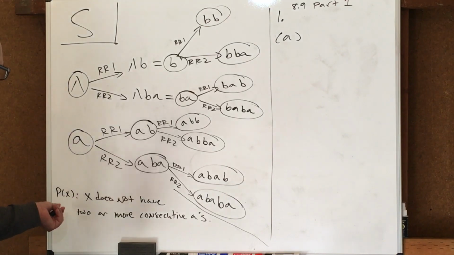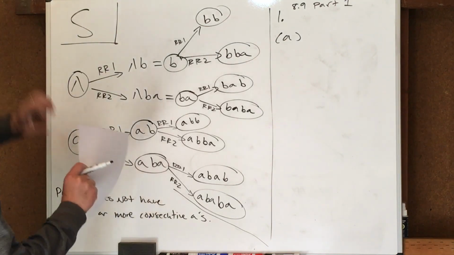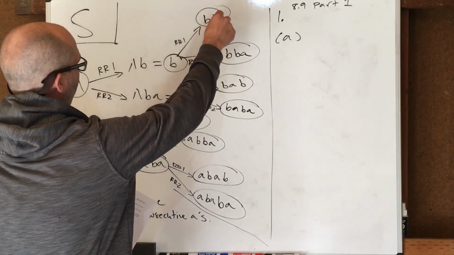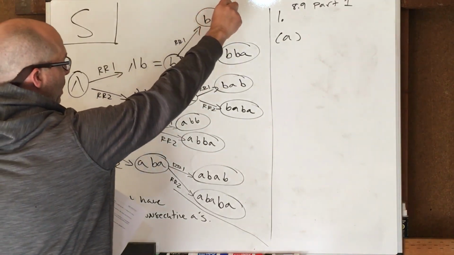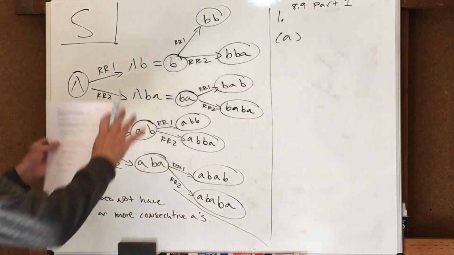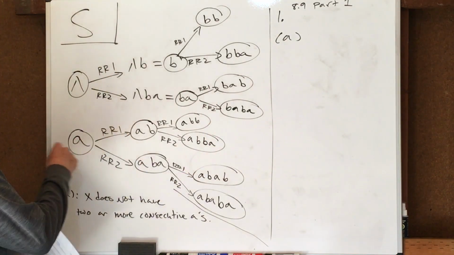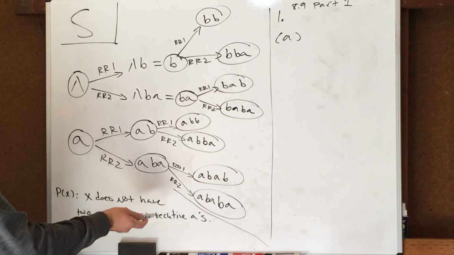Now we're going to try and prove P of x is true for all x in S. And there's many more x's in S, which would create BBB and BBBA, and so on and so forth. But here we can see a property arising: x does not have two or more consecutive a's.